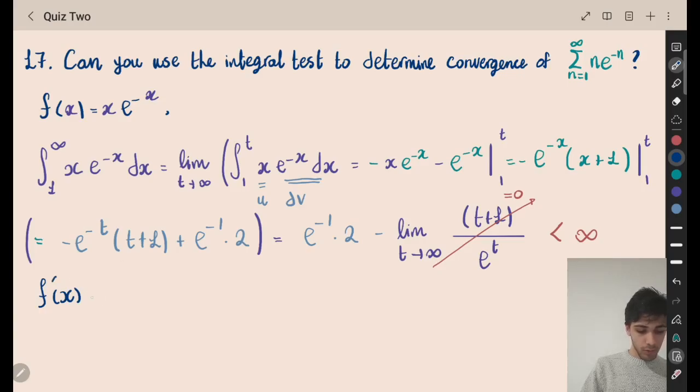The derivative is going to be minus e to the minus x, actually minus x e to the minus x.